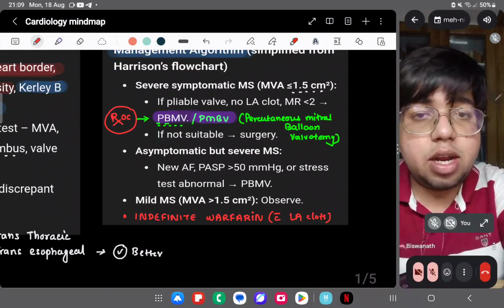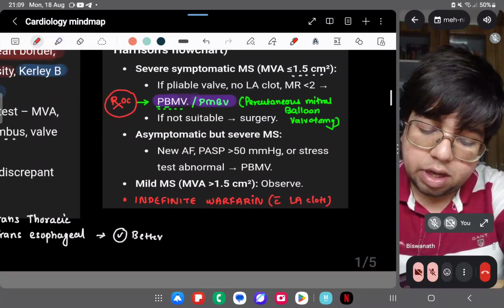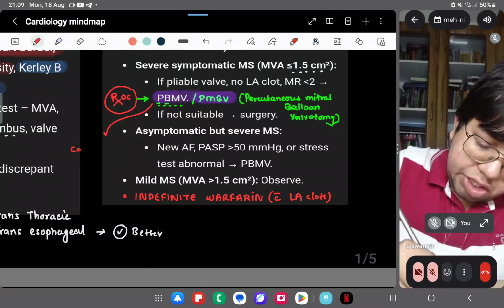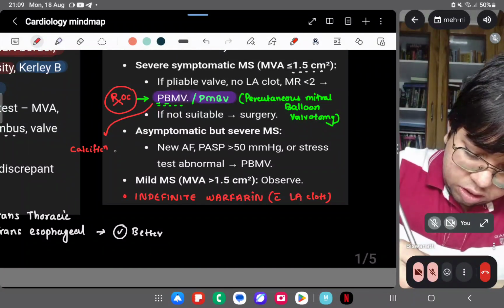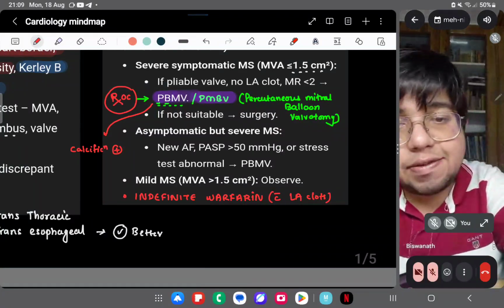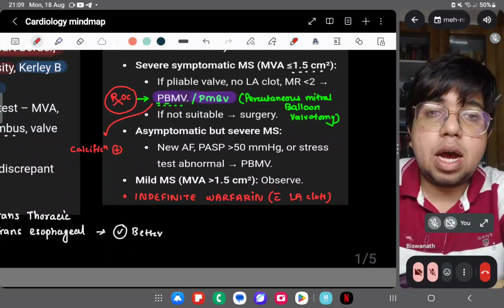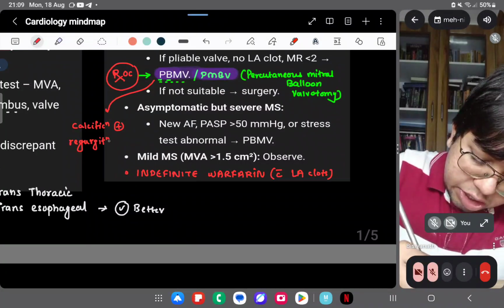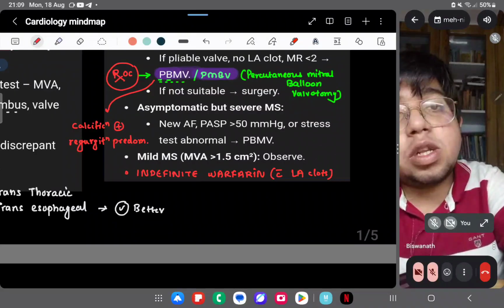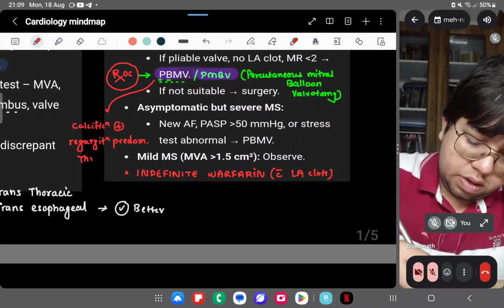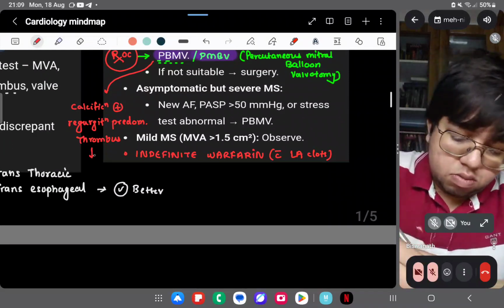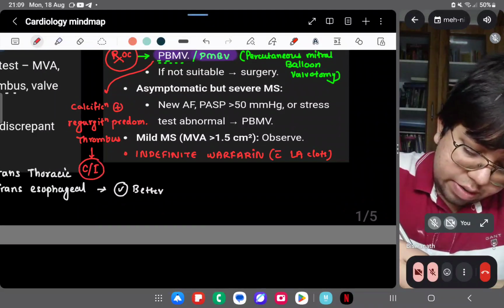It will be done in all patients, but if there is some calcification present, if regurgitation is predominant, or if there is some thrombus as well, you have to analyze. Then this is contraindicated.